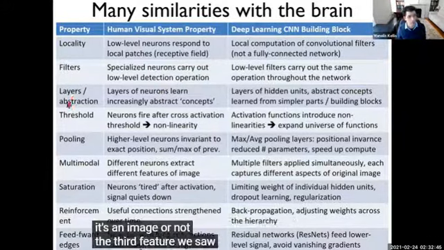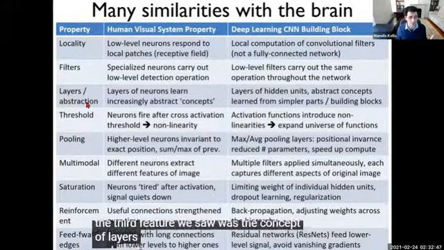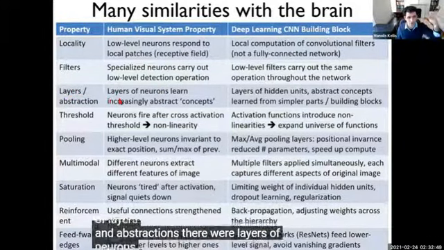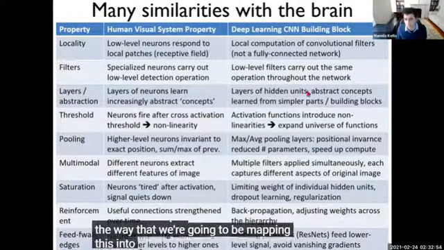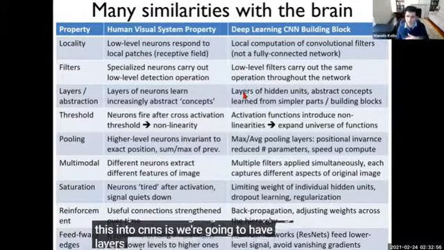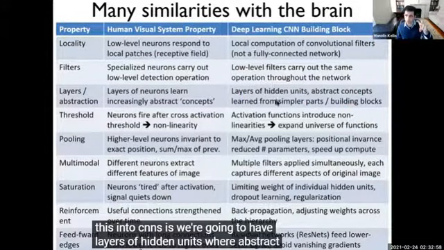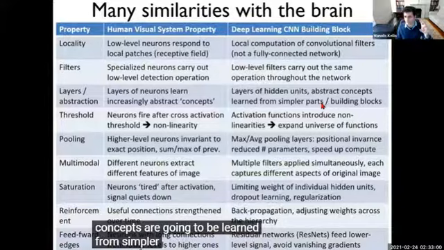The third feature we saw was the concept of layers and abstractions. There were layers of neurons that were learning increasingly abstract concepts. The way that we're going to be mapping this into CNNs is we're going to have layers of hidden units where abstract concepts are going to be learned from simpler parts, from building blocks.